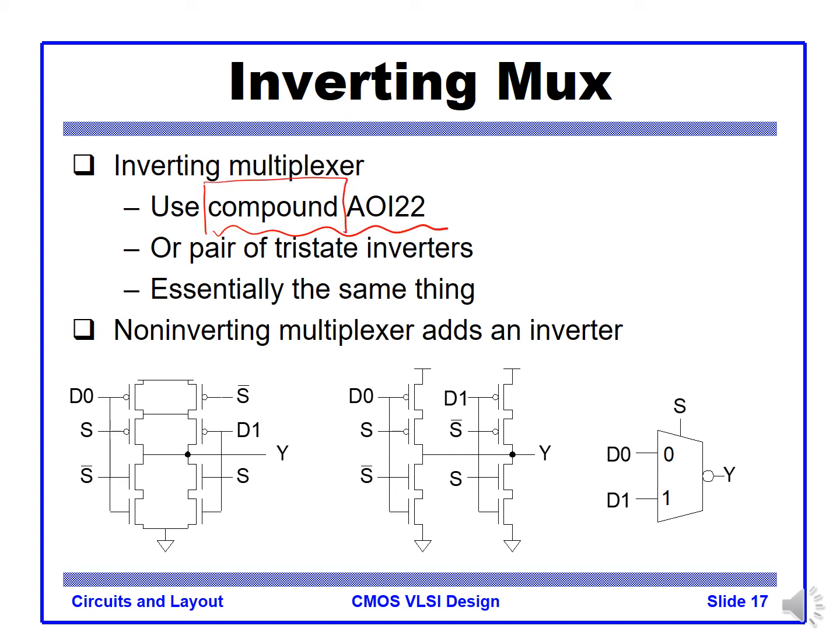The compound gate is a single CMOS stage, implementing an equation like Y equals D0 when S bar is on, and when S is coming, then we pass D1.